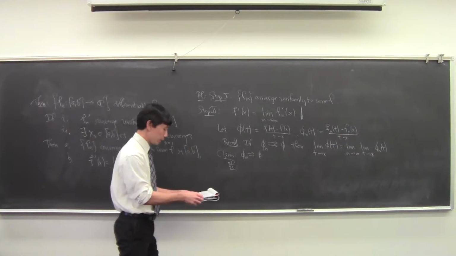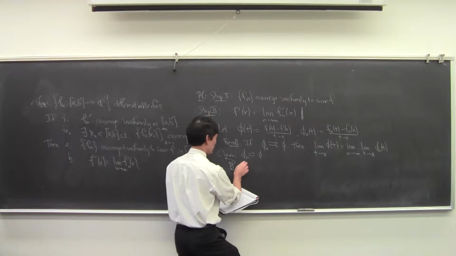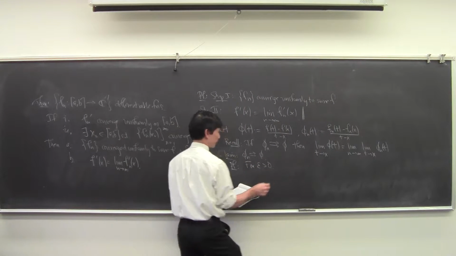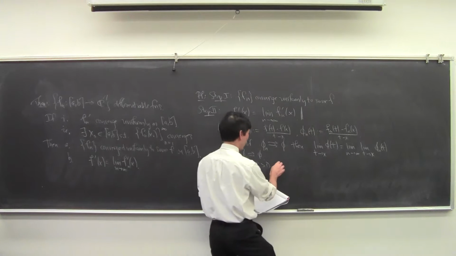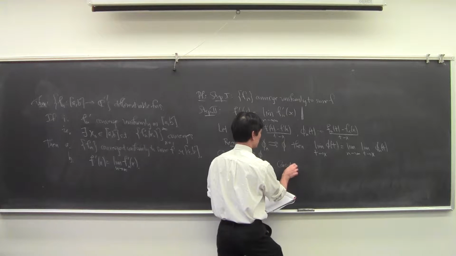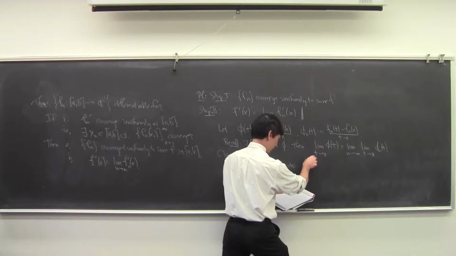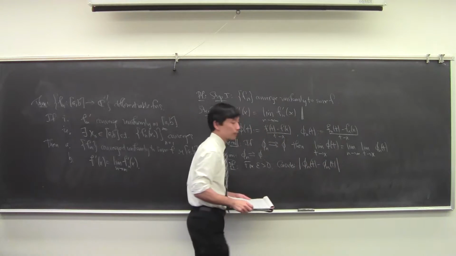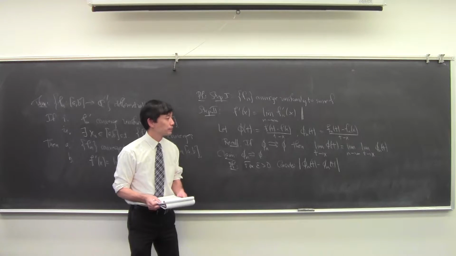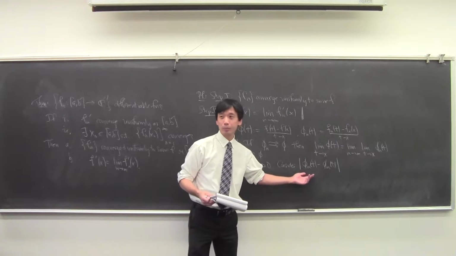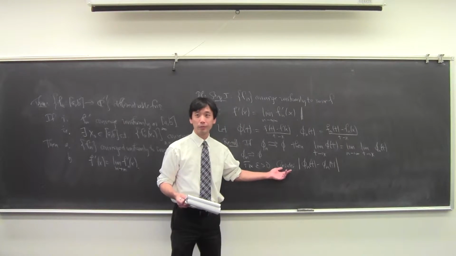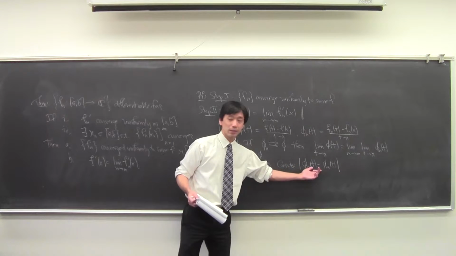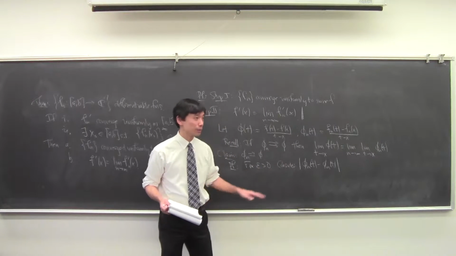So fix epsilon, and let's consider the difference between phi n and phi m. We want to find some capital N past which this difference is smaller than epsilon. That will show uniform convergence.